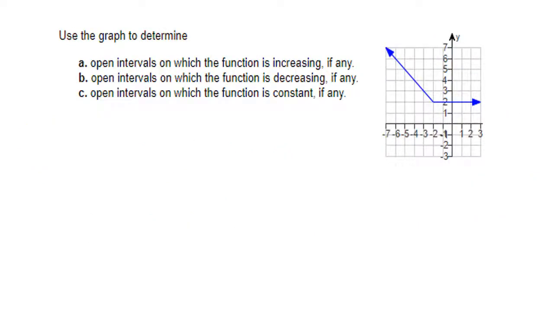Here's another example. Again, just imagine that you're some little doodle bug that's going to walk on top of this graph. And if you start on the left-hand side, it feels like you are going downhill until you get to this point. Well, we say that that downhill motion is decreasing. So we would be decreasing from negative infinity comma negative 2.